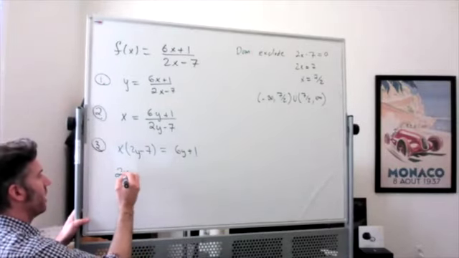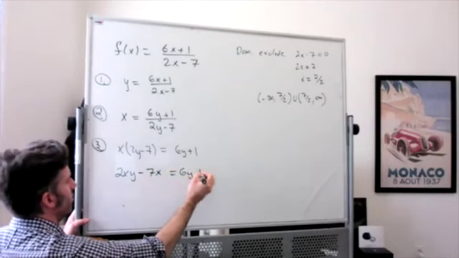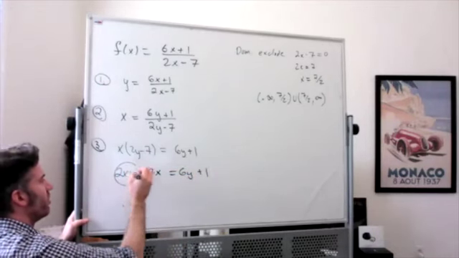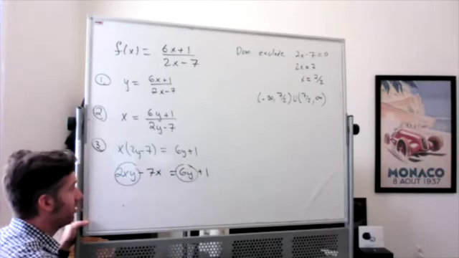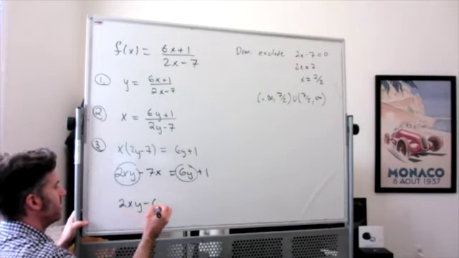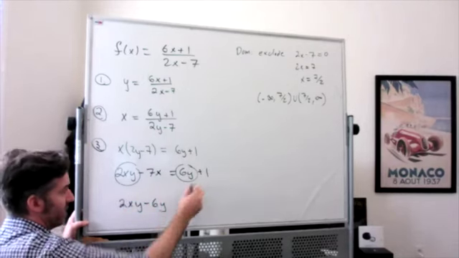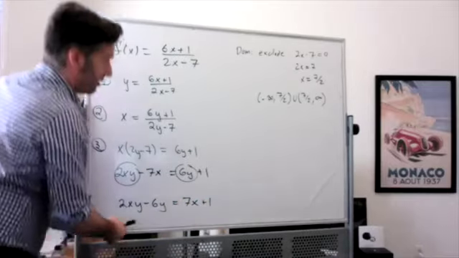So you get 2xy minus 7x equal to 6y plus 1. And then we want to group all of the y things together and all of the not y things together. So I'm going to subtract 6y: 2xy minus 6y. I'm going to add 7x: equals 7x plus 1. And now we can factor out a y.